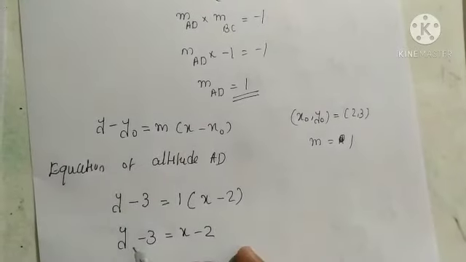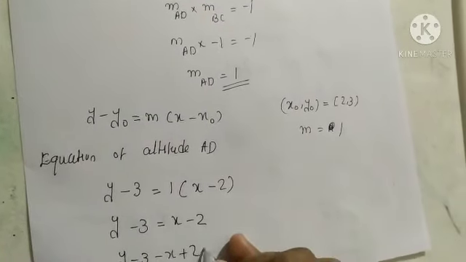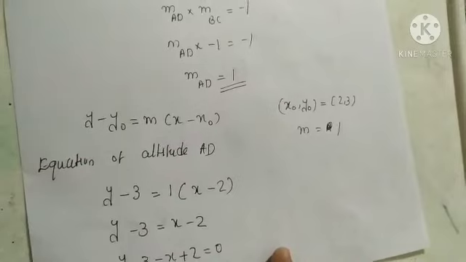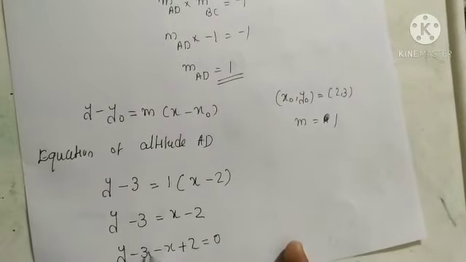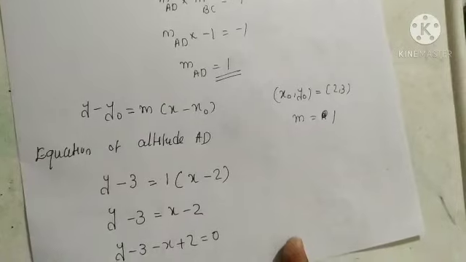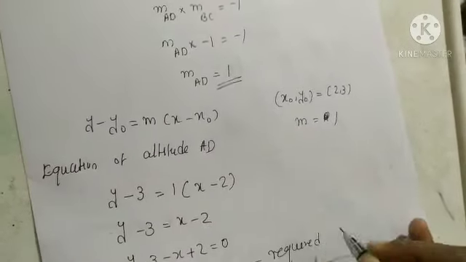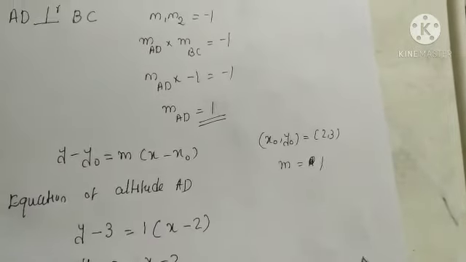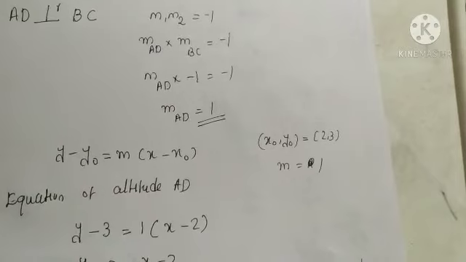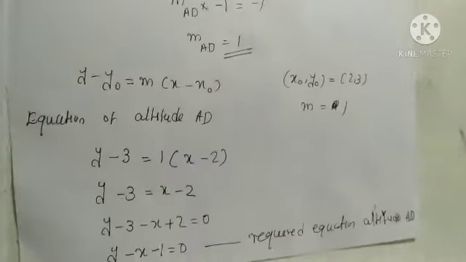Taking all values to LHS, it becomes y minus 3 minus x plus 2 equal to 0. From this we get y minus x minus 1 equal to 0. This is the required equation of altitude AD.